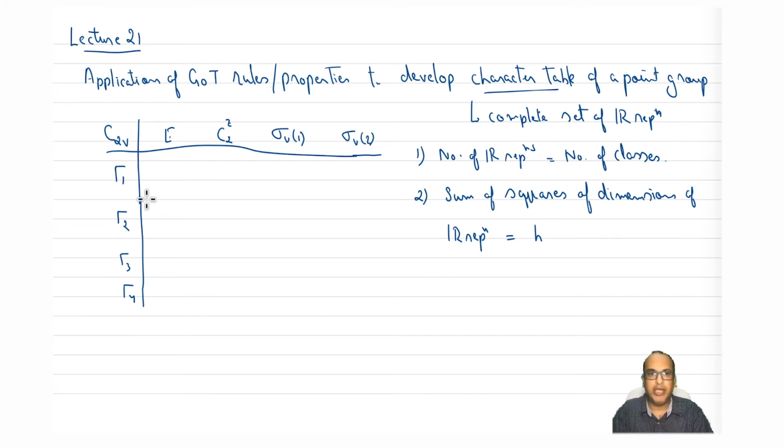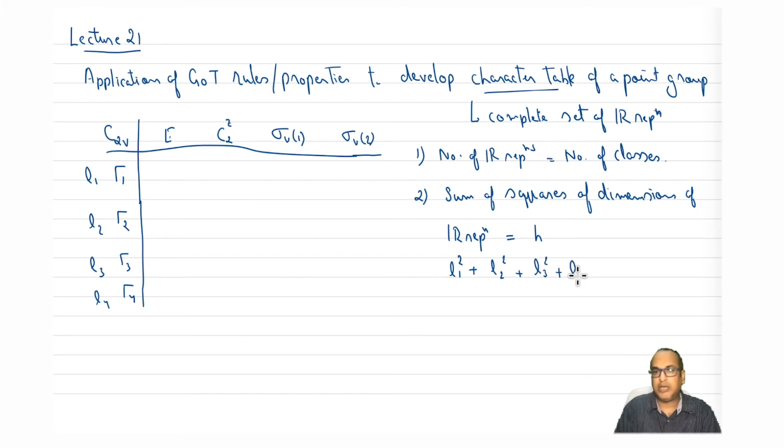We have 4 representations, so each one has an associated dimension. Let's call these dimensions L1, L2, L3, L4. Now the sum of the squares of these dimensions, that is L1 square plus L2 square plus L3 square plus L4 square, is equal to H. H is the order of the group, which is 4 here, right?